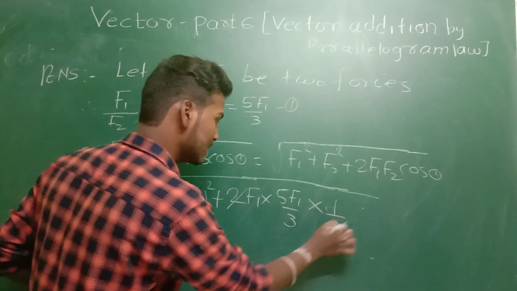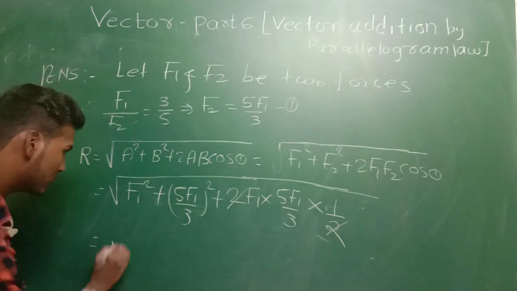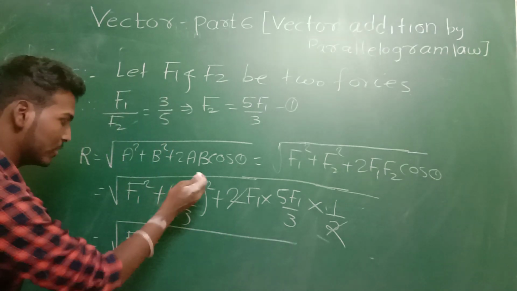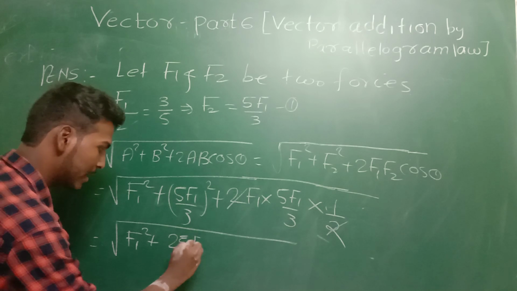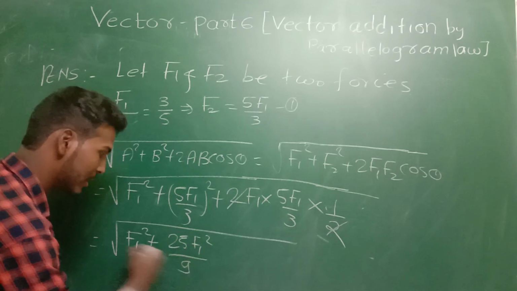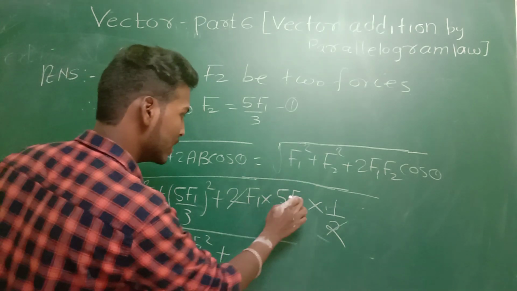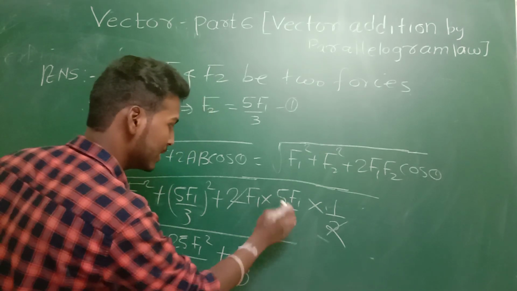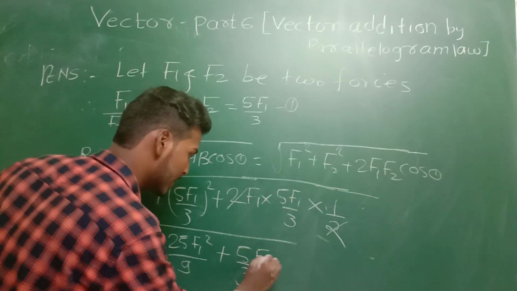So the 2 gets cancelled here, and that will be equal to F1 square plus 25 F1 square divided by 9 plus 5 by 3 F1 square.